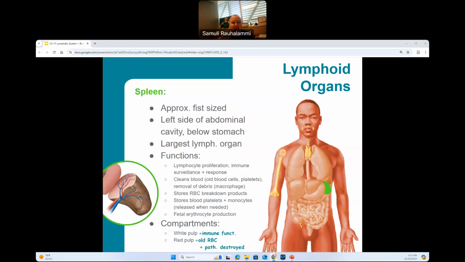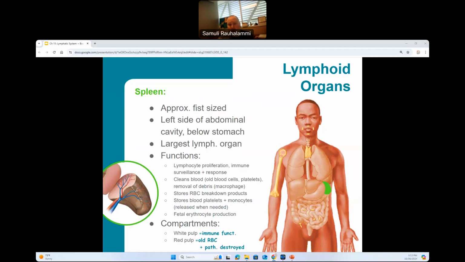Then let's have a look at the spleen. The spleen is located on the left side of the abdomen. It filters and cleans the blood of bacteria, viruses, and also old particles. And you can see the rich blood flow into the spleen through the splenic artery and vein in that picture on the left-hand side. The spleen provides a site for lymphocyte proliferation and immune surveillance.